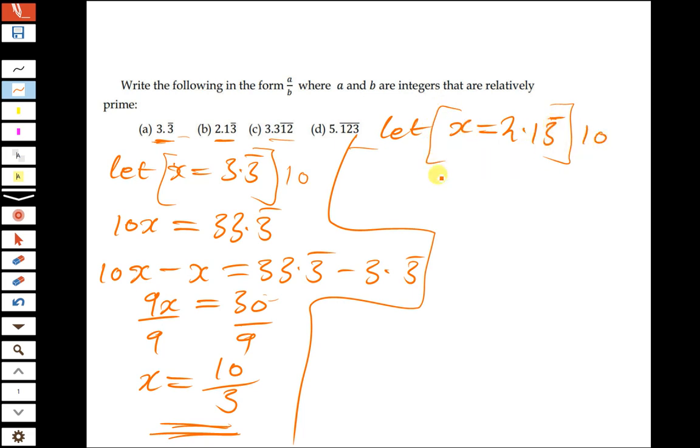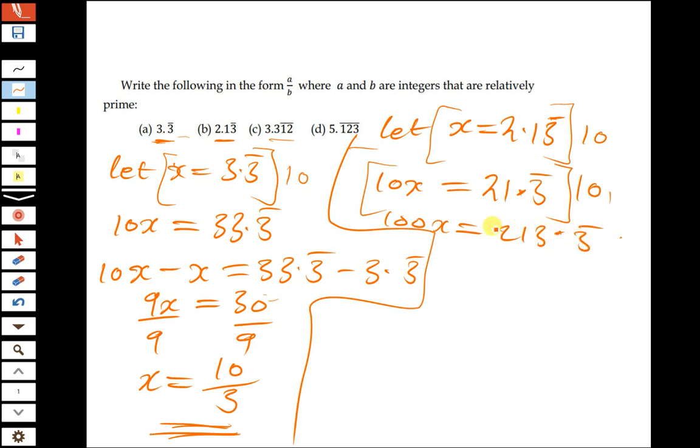So 10 times x, we have 10x is equal to 10 times this number, which is 21.3 bar.